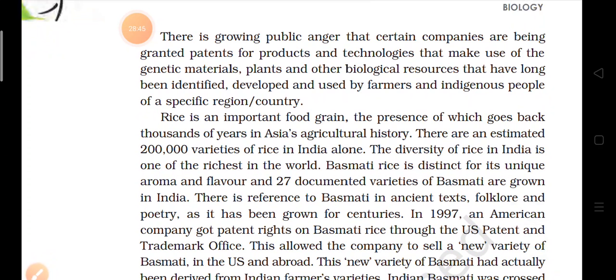But what the other countries are doing is using these, giving their own names, putting their labels, and selling the things in the market. So that's why the local people are also becoming angry.